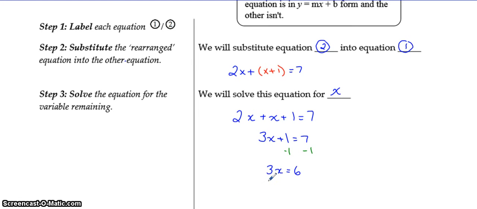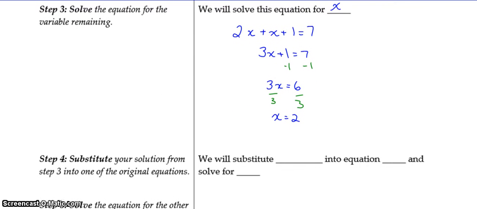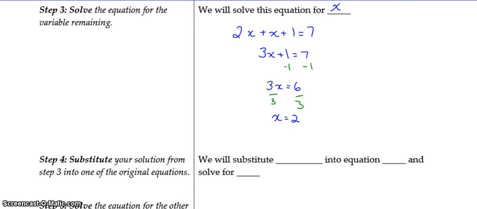And then lastly, divide both sides by 3. So that means the x-coordinate of the point of intersection is equal to 2. So that there is the x-coordinate of the point of intersection.